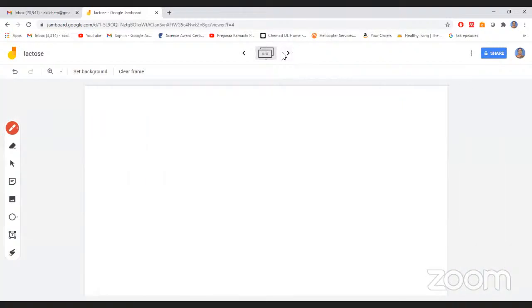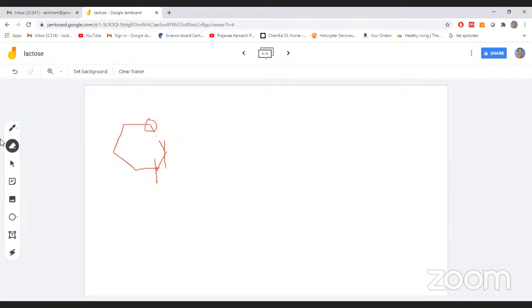Now we'll see the structure. As usual, you need to draw the Haworth structure. This is the Haworth structure for glucose, in which everything is in the alpha form. Sorry, it's alpha glucose.